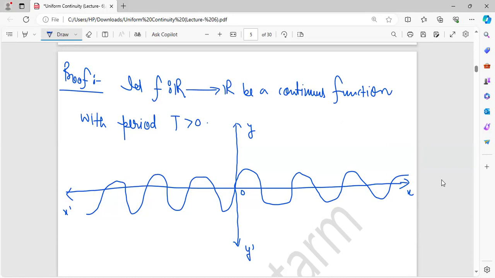Let's say this is the period T. After x is equal to T, it is repeating itself again, and next it is again repeating itself. If we go backward, still it is repeating backward. So this function is a periodic function.